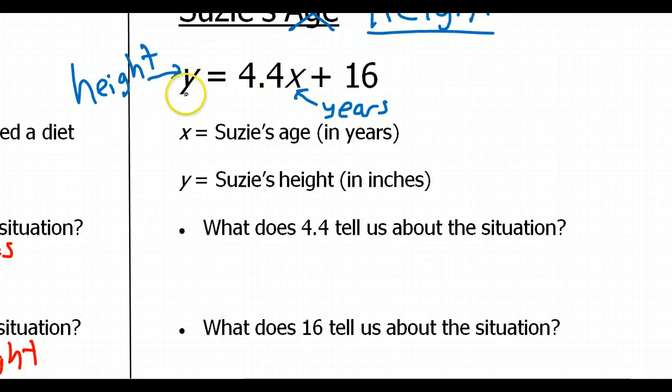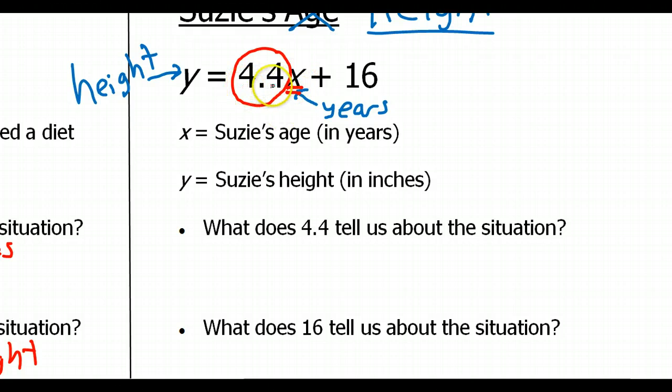This whole equation is about height, and it makes sense that the height will be increasing over time. So this number in the front should be telling us how her height is changing for every year, because we're multiplying by years.